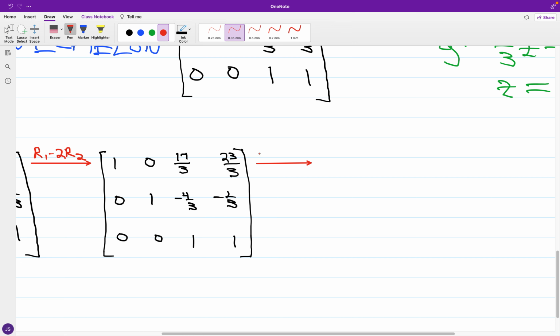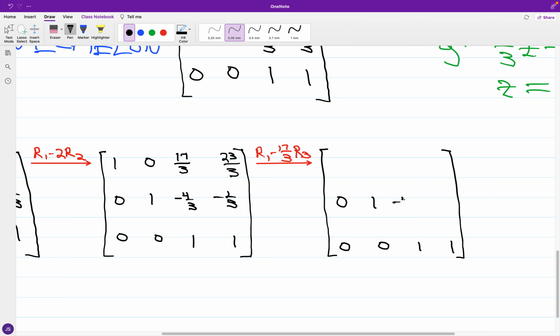I need to deduct 17 thirds, so I can say that I have R1 minus 17 thirds of R3. For now, instead of doing this simultaneously, I'm going to leave the second row as it is at the moment.